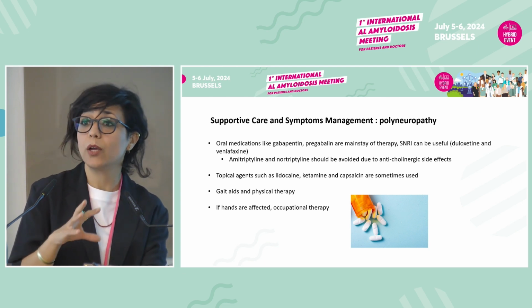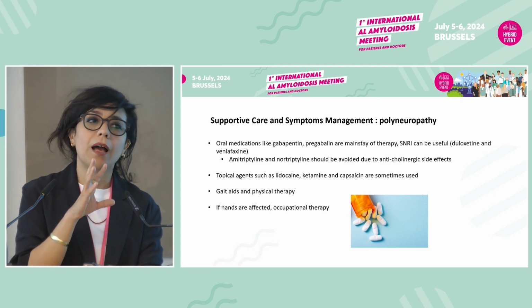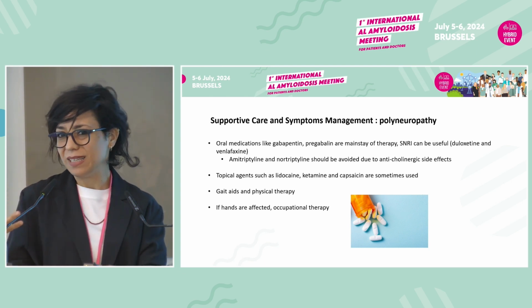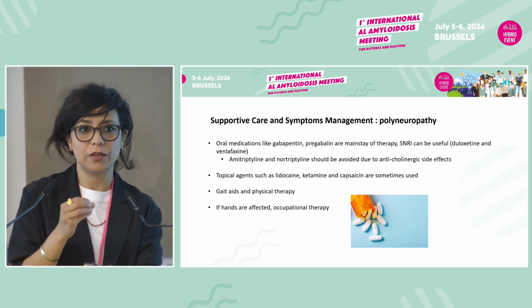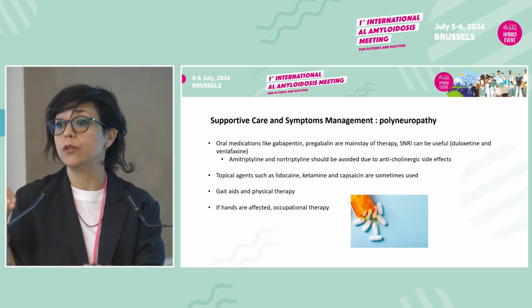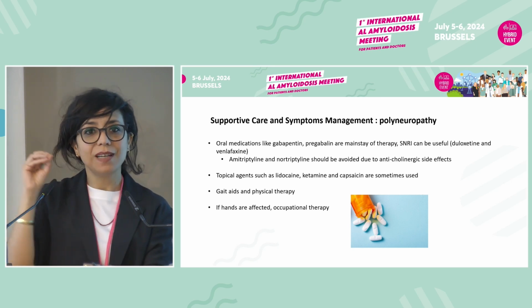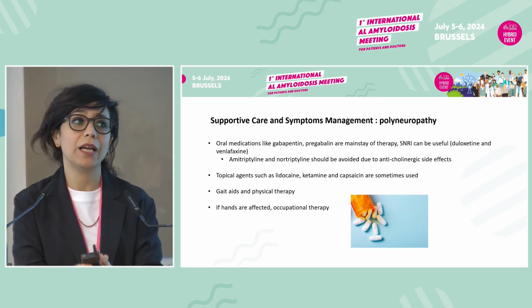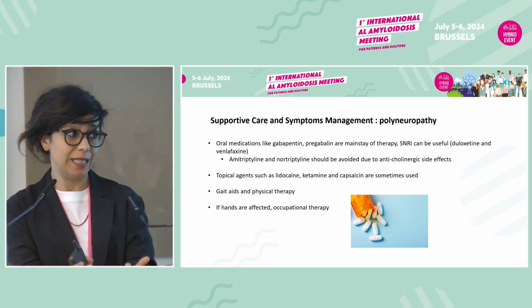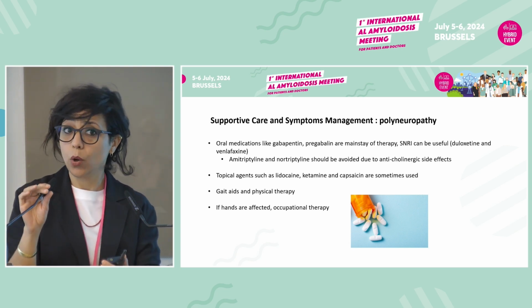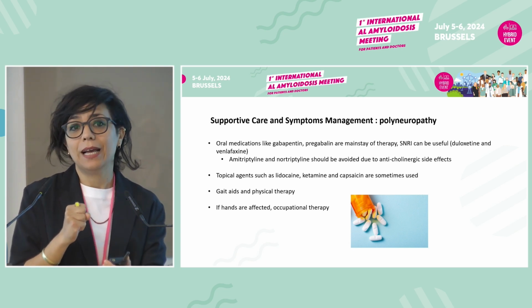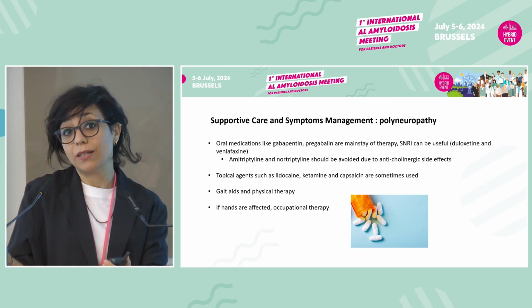For instance, I would not use amitriptyline or nortriptyline in patients with AL amyloidosis, because this can exacerbate the symptoms of autonomic neuropathy. So as first-line treatment, I use pregabalin and gabapentin, and of course always start low and go slow, so the patient will tolerate the collateral effects.